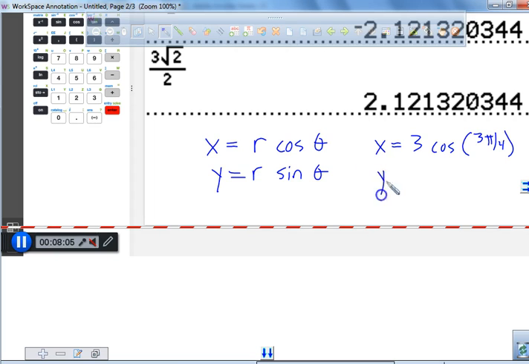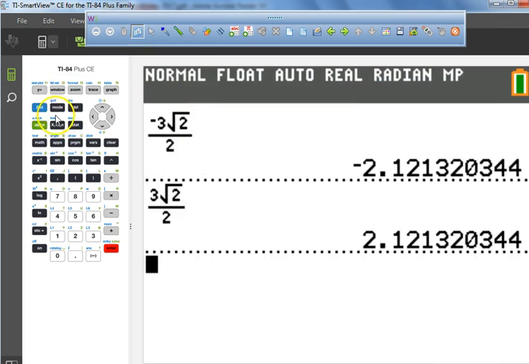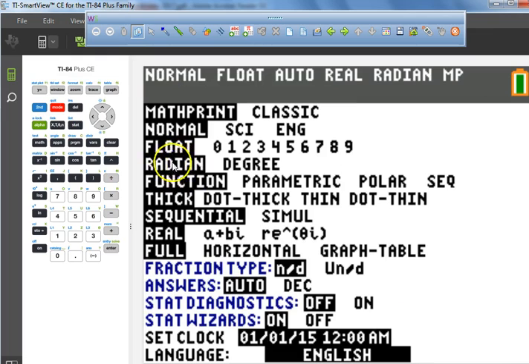And then put y equals 3 sine. It's supposed to be sine, I apologize. 3 pi over 4. Now, when you type this into the graphing calculator, I want you to notice your mode will definitely have to be in radian mode because we're dealing with radians.